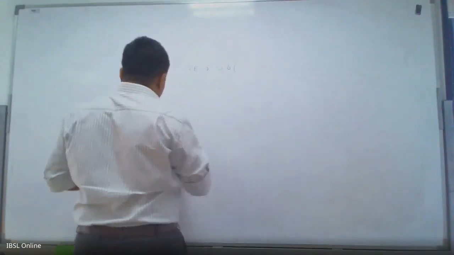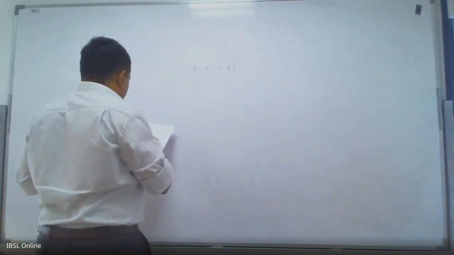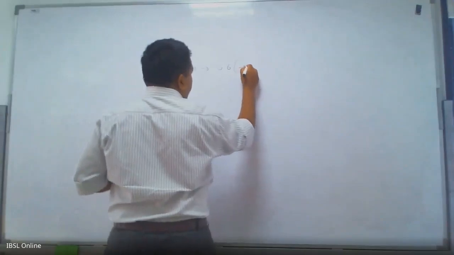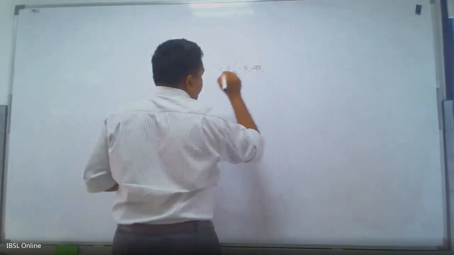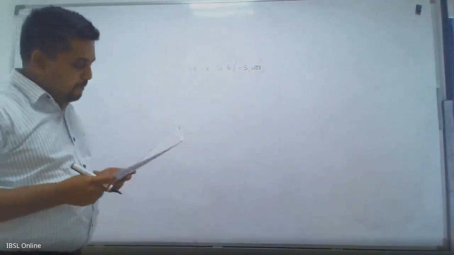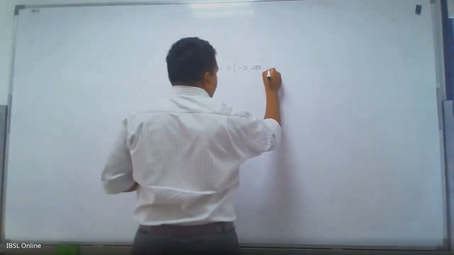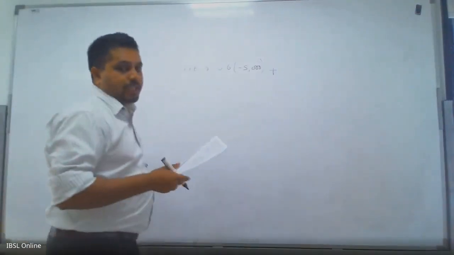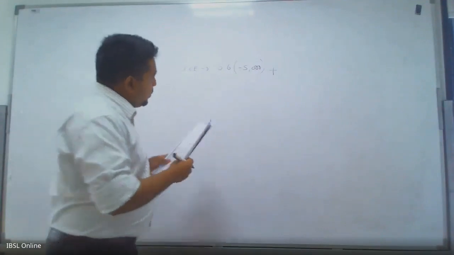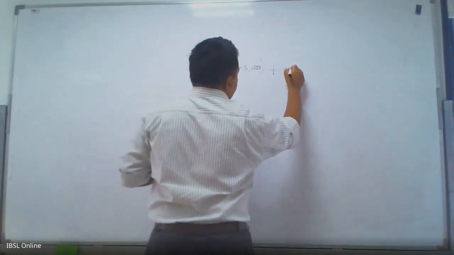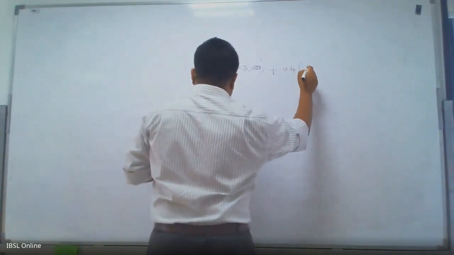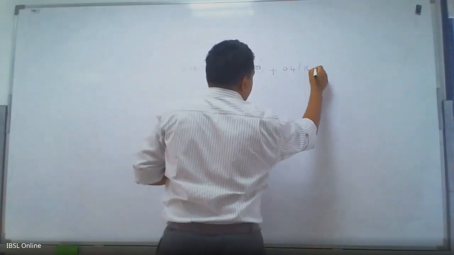60% probability that I will make a negative 5,000 case. Plus, important plus, there's a 40% chance that I'm going to make a profit of 15,000.